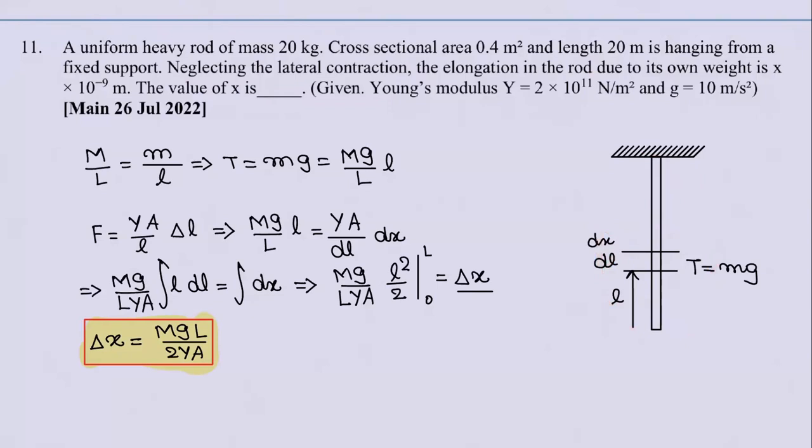F is equal to YA by L into delta L, so delta L is equal to F, which is mg, times L by 2 because I have to take center of mass, divided by YA.